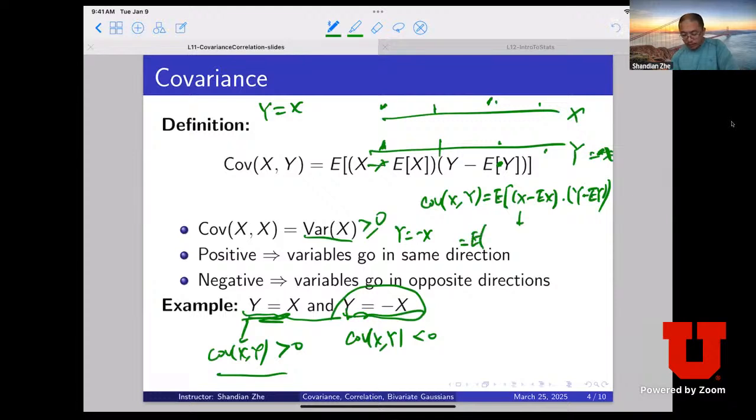You got x minus ex still there, but now times y, which is minus x, subtracted by the expectation of minus x.